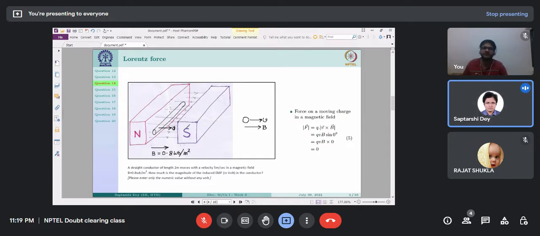Moving on, the same setup here, the only difference is that the direction of velocity has changed. Now the velocity is parallel to the magnetic field B. So the angle between them now is 0 degree. So we are applying the same equation, we get QVB sine 0.